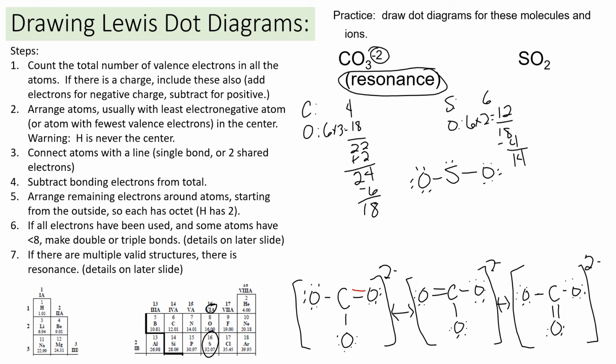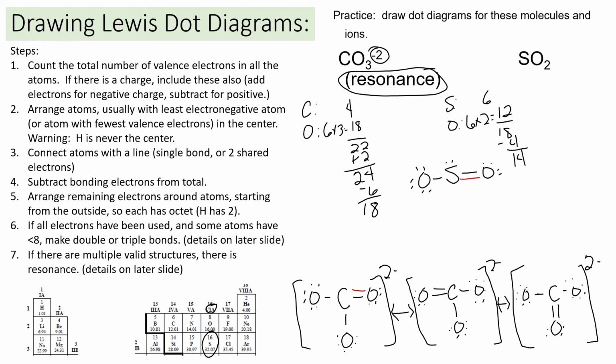The oxygens are good. So again, we're going to need to make 1 double bond. So I'm going to take these dots and move them to the middle. And it really doesn't matter which pair of dots we move to share, but that's how we make a double bond. And again, we only need 1 double bond because now sulfur has 8 valence electrons. We don't want to give it 10. 8 is the right number.